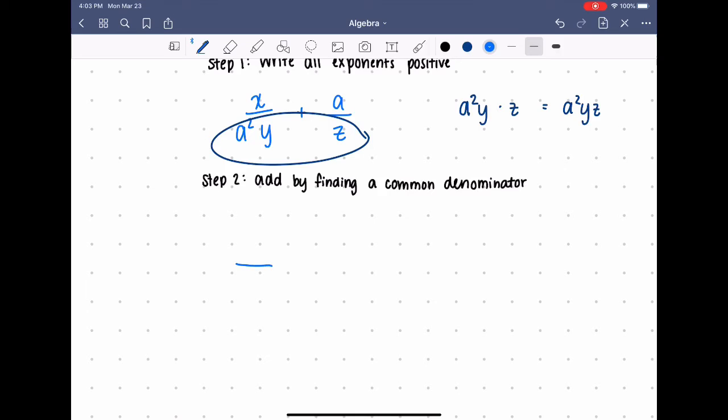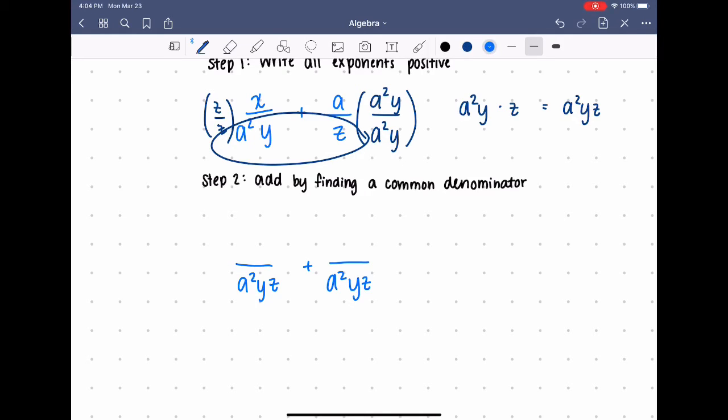So let me write out both terms with that new common denominator, a squared y z plus something over a squared y z. My first term is missing a z. So I'm going to multiply it by z over z. My second term is missing that whole other denominator, the a squared y. So I'm going to multiply it by a squared y over a squared y.